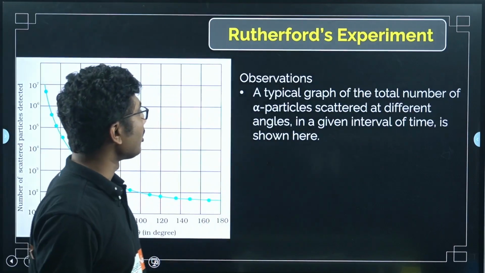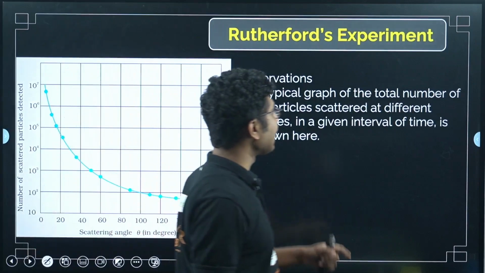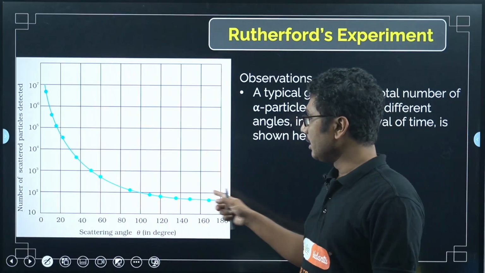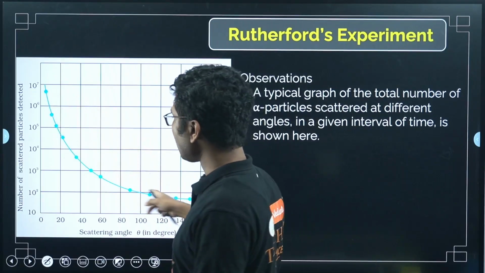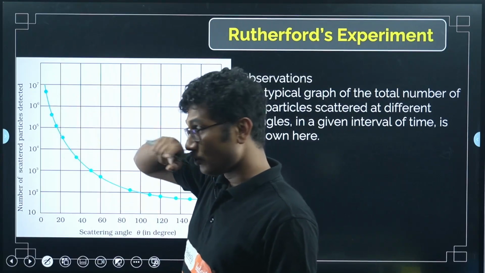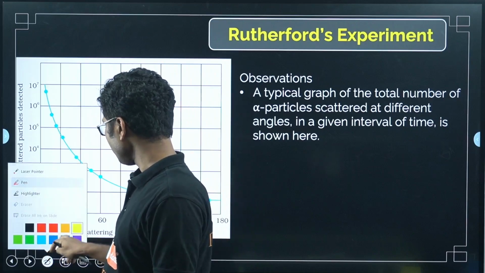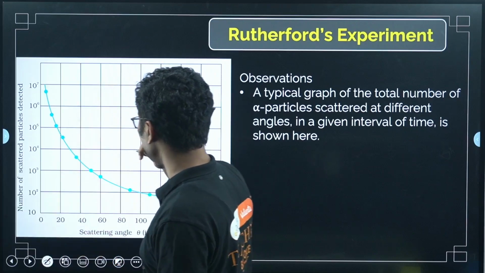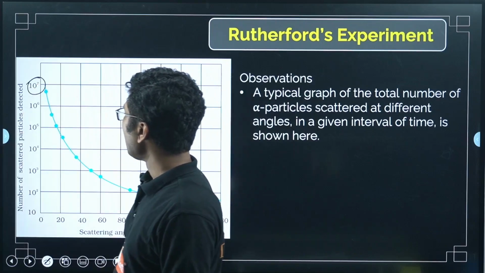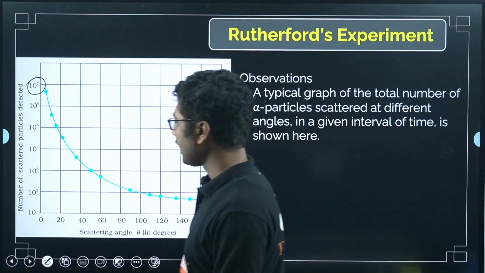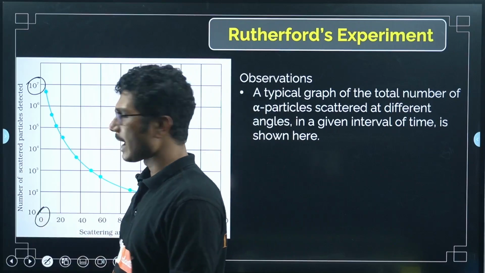What did we observe? We observed a typical graph of the total number of alpha particles coming out at different angles. We see that if you throw a high number of alpha particles, about 10 to the power of 7, they have a very small angle of scattering.